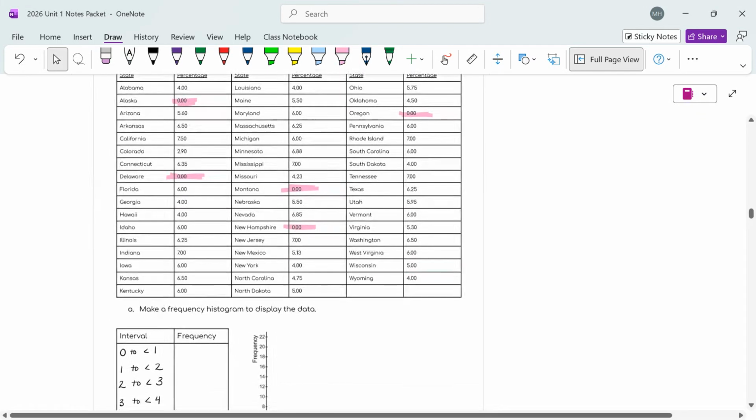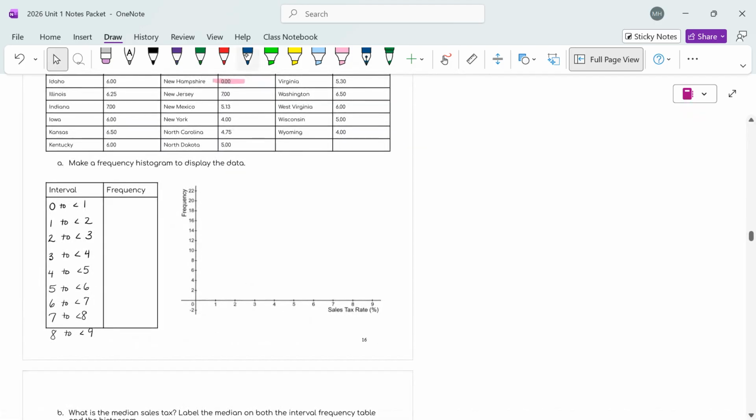So there were 5 states fitting that interval. And so then I would draw a bar going up to 5 from 0 to 1 and shade it. And then I would continue to do this for the rest of my data. I'm going to pause and fill that in.